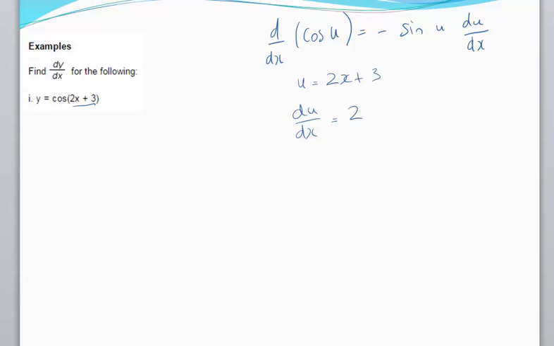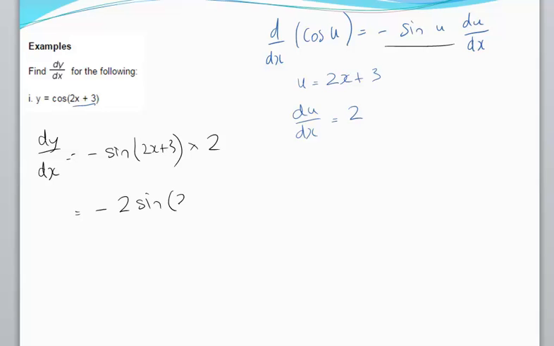So dy/dx is going to be negative sine of u, which is 2x plus 3, multiplied by du/dx, which is 2. So it will be minus 2 sine of 2x plus 3.